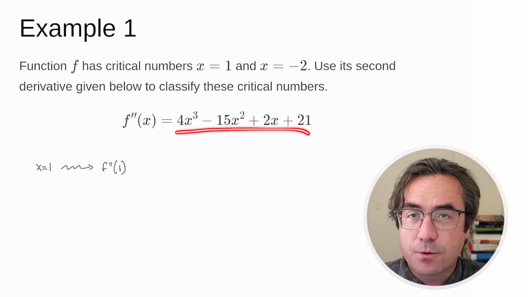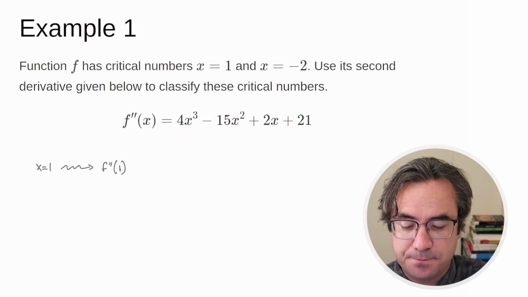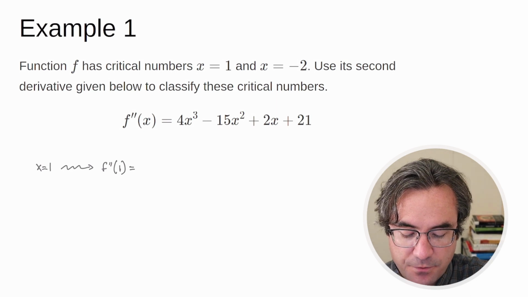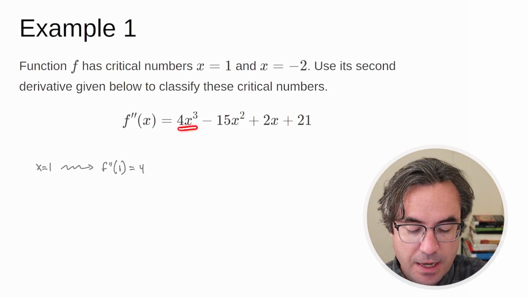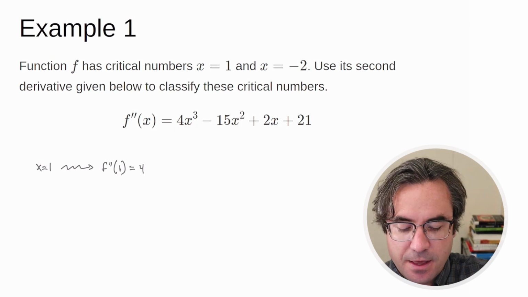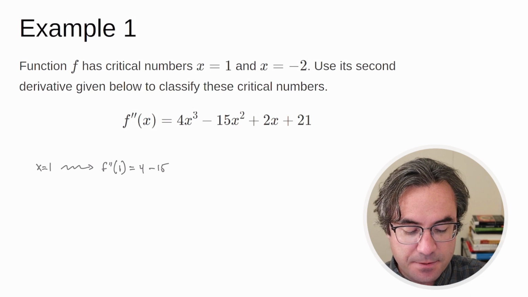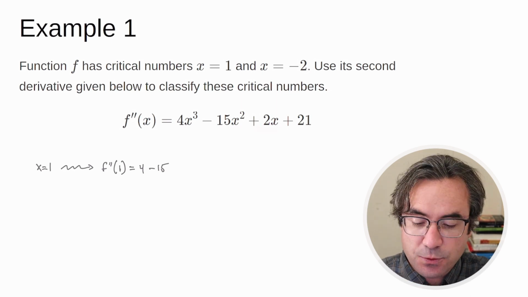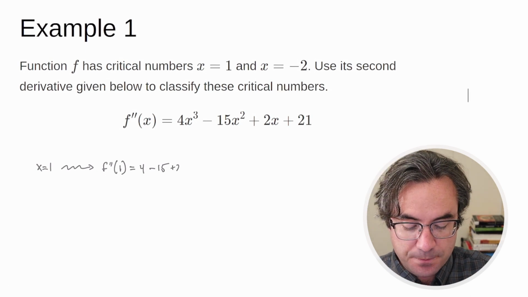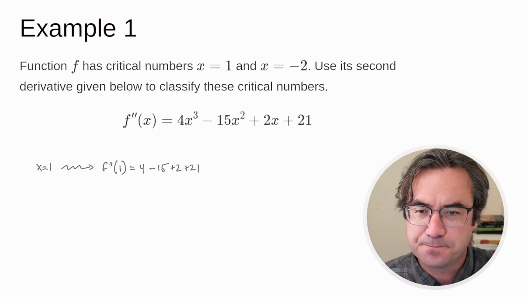In the function here, wherever you see an x, change it to a 1. When we do that, we get 4, and 1 cubed is just 1. Then we get minus 15 times 1 squared, so just minus 15. Then we get plus 2 times 1, so just plus 2, and then plus 21.